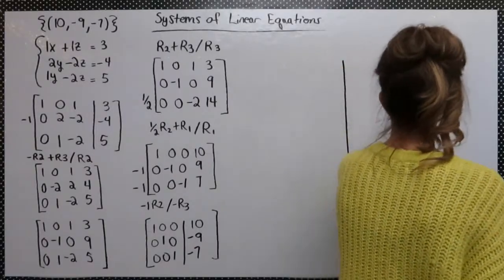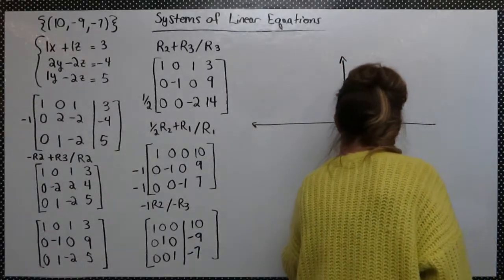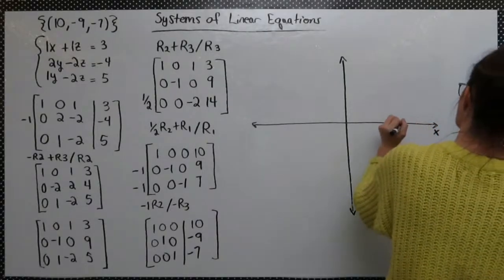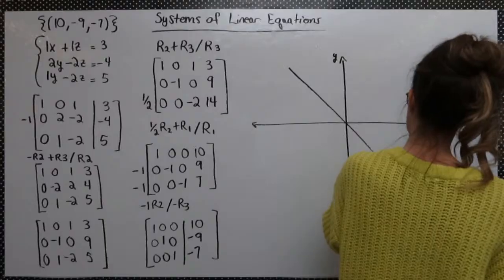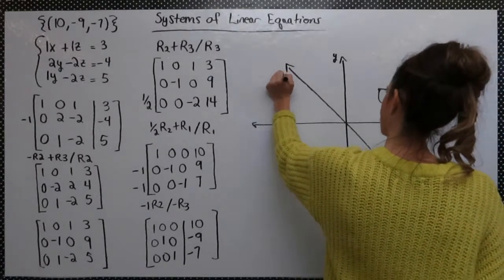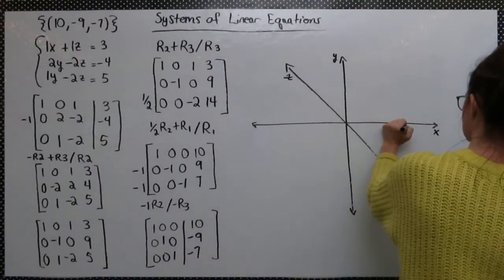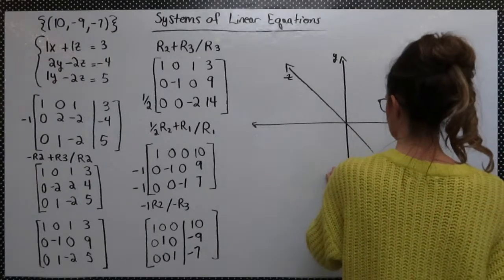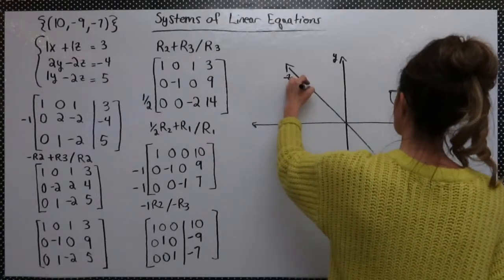So you have the Cartesian coordinate system, but you have X and Y. But what happens is you also have this Z plane that's appearing here. So you also have a Z. And so when you're wanting to graph these, you find 10 in the X direction, and then it would be -9 in the Y direction, and then it would be -7 in the Z direction.